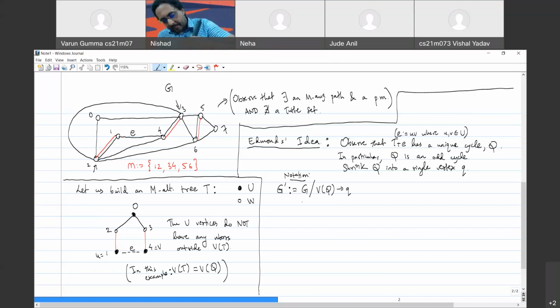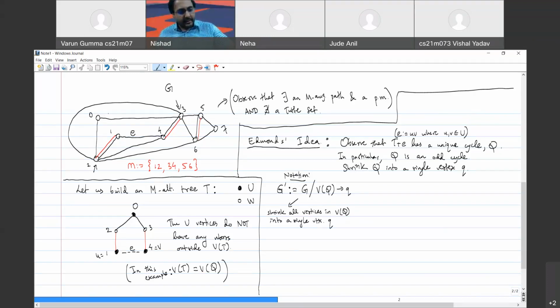It means shrink all vertices in the set V(Q) into a single vertex q, and any edges between the vertices of Q, you delete them. So I'll just draw, and we will write formal definitions tomorrow. Right now, let me just draw the graph so that you get a sense of what this means.